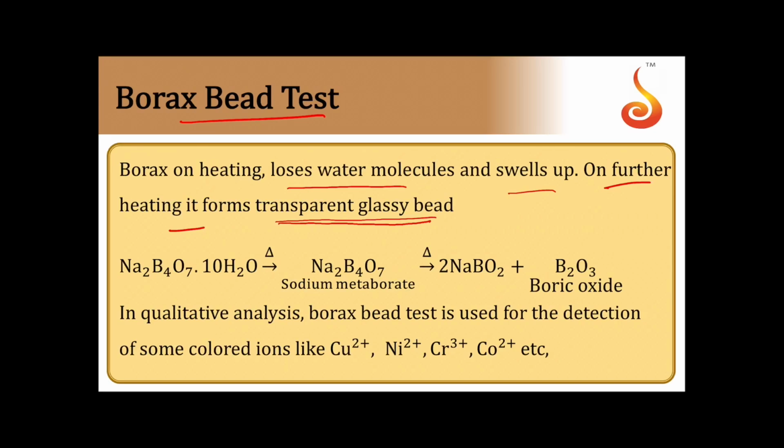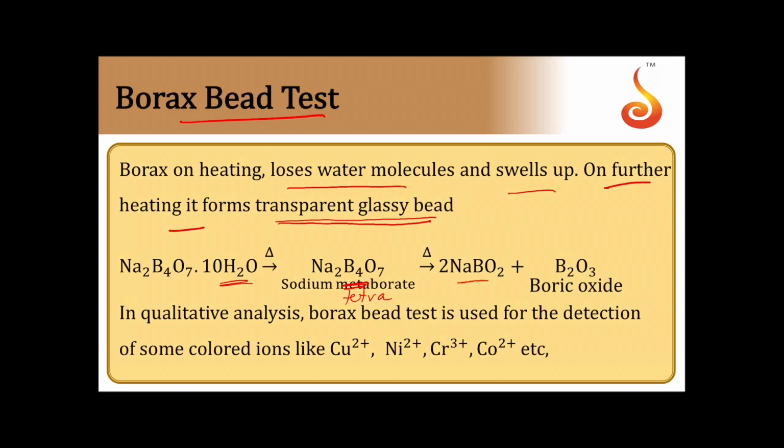So on heating, borax first loses these 10 water molecules and forms sodium tetraborate. On further heating, it becomes sodium metaborate, and it forms boric anhydride. This entire mixture is a transparent glassy mass.